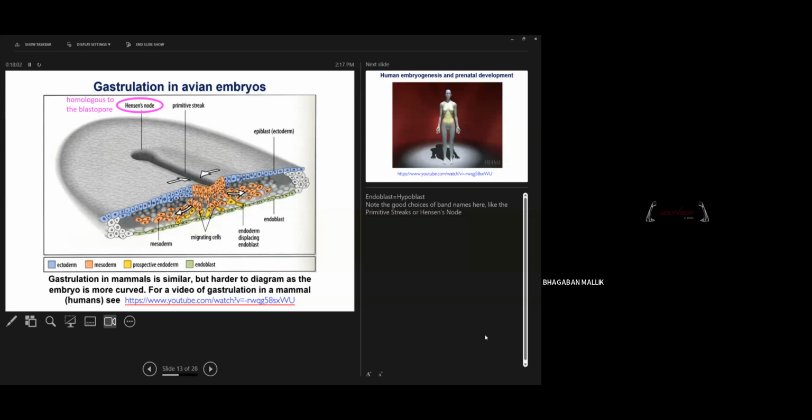So in avian species it is called the primitive streak or Hensen's node. There you have invagination and migration of cells, and that forms the mesoderm. This is how you have formation of different layers in avian species like ectoderm, endoderm, and mesoderm, and this acts like the dorsal blastopore lip in amphibians.